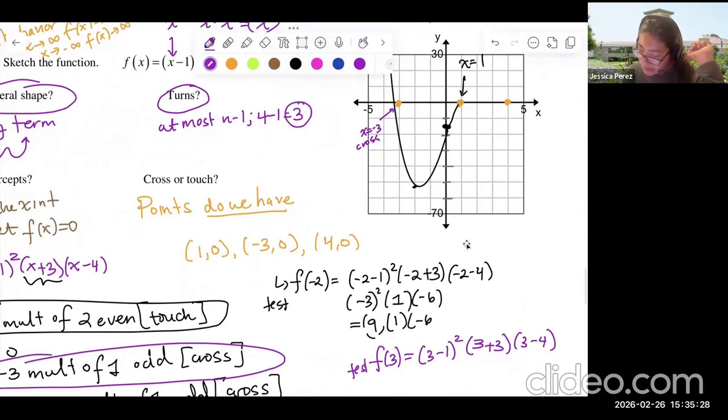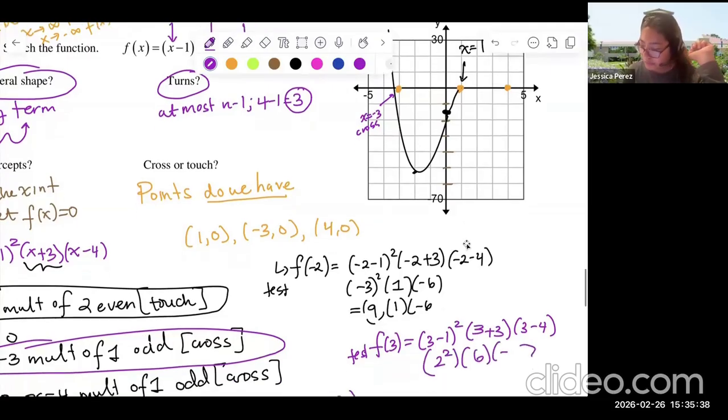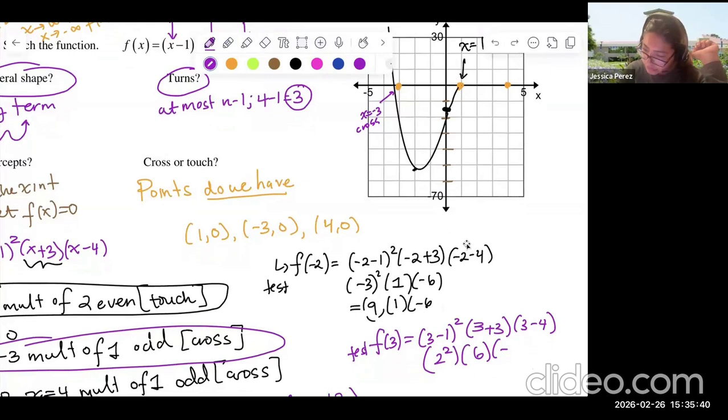That's going to give us 2 squared times 6 times negative 1. So then that's negative 24. So down here, remember, at 3, it's down 24, negative.